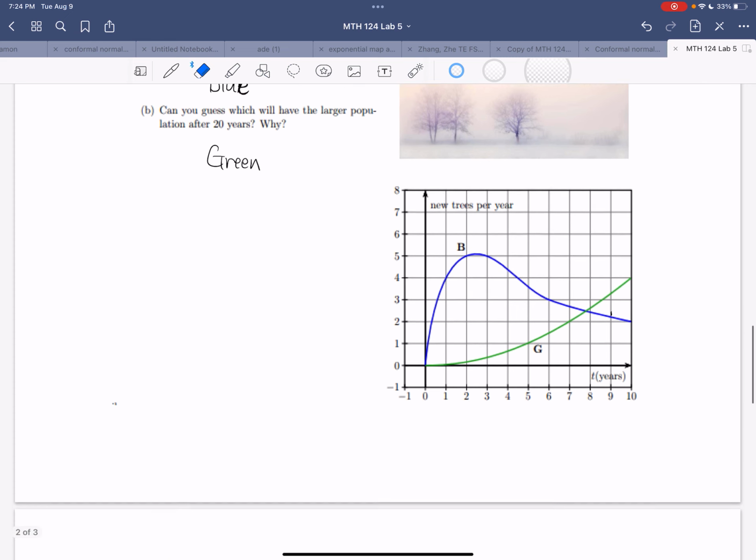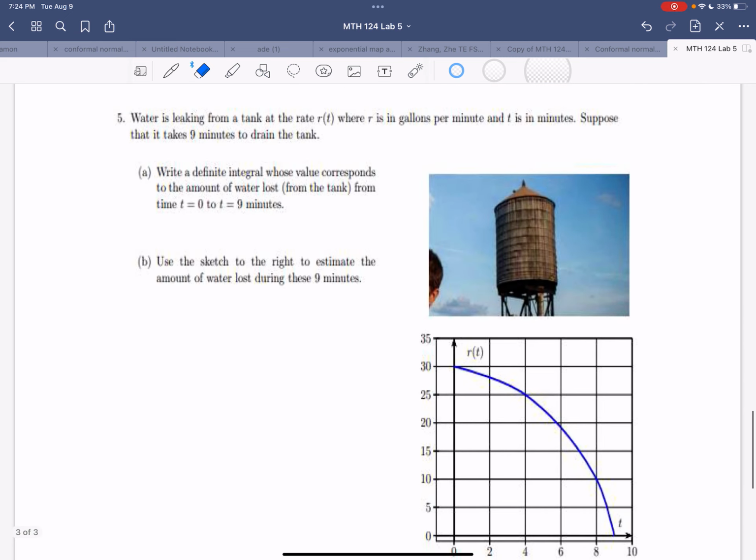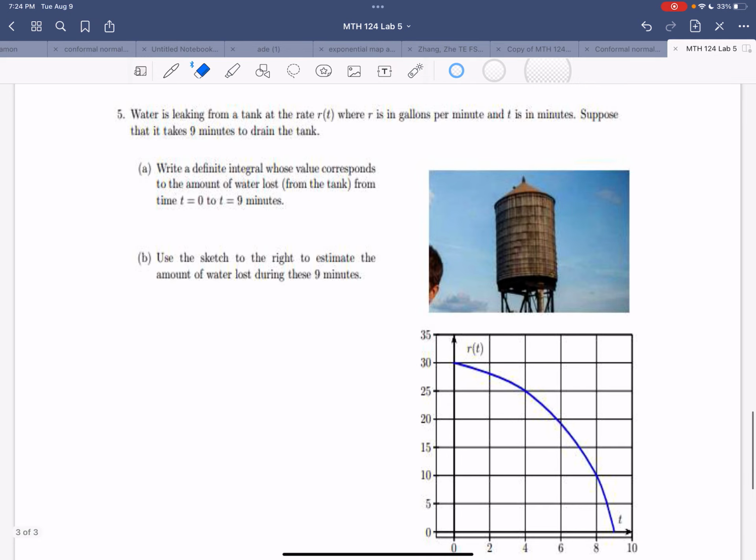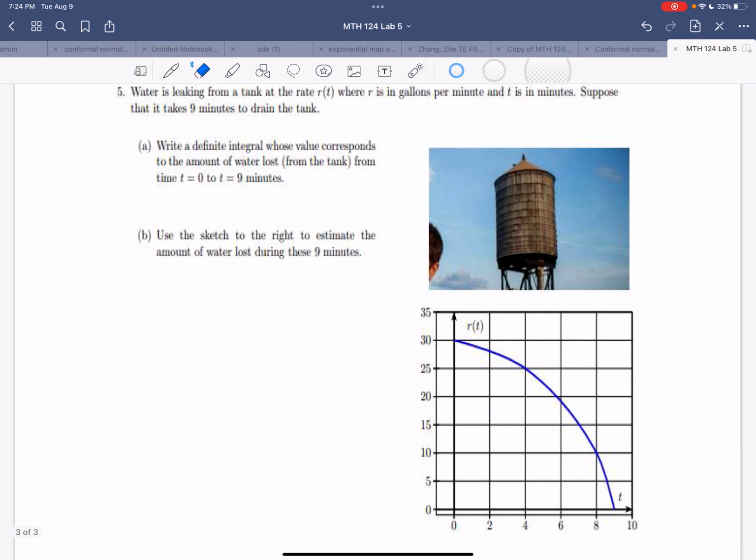Okay, that's question 4. And question 5 is about a tank of water leaking at a rate. The rate is drawn here in the graph. And question 1 asks us to write a definite integral of the value corresponding to the amount of water lost from time 0 to 9 minutes.